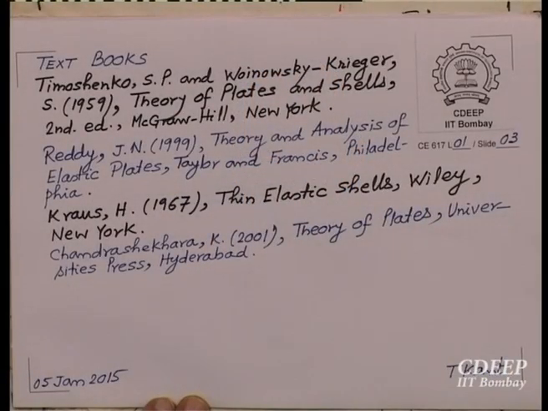On shells, the first book on the theory of shells, which was a very significant addition to our mechanics, was by Kraus in 1967. That is the year when I had graduated. So, this book came, Thin Elastic Shells.